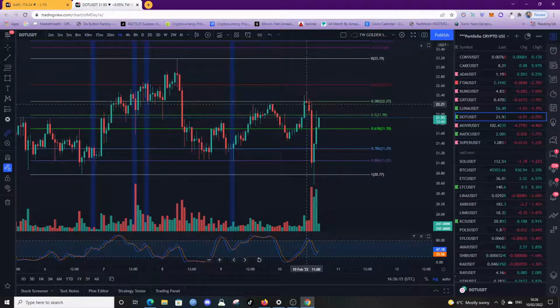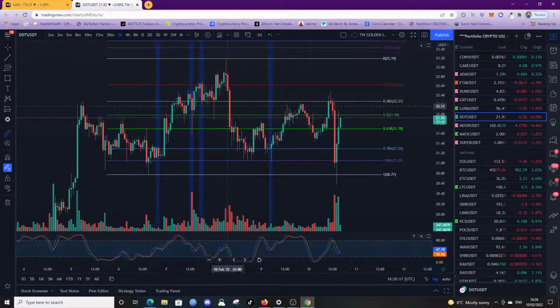So we're looking at the hour chart. You can see that it's continuously repeated. So the price pulls back to 786. So let's just say you got $1,000, just easier to work out, regardless of what you put on. You buy £1,000 worth of DOT there on the 618, and you buy on the 786.